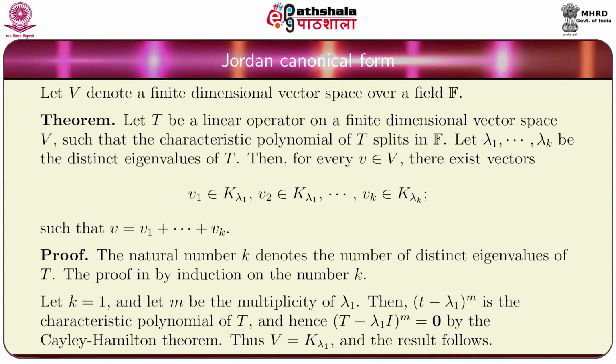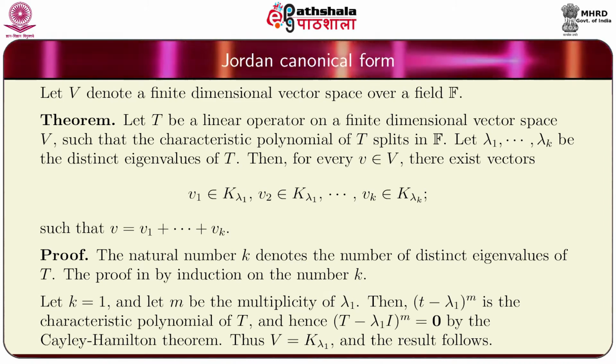K lambda 1, K lambda 2 and so on K lambda k are the generalized eigenspaces.